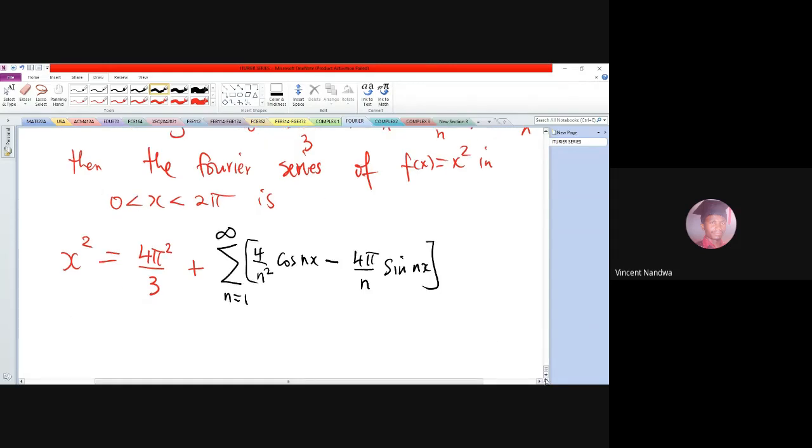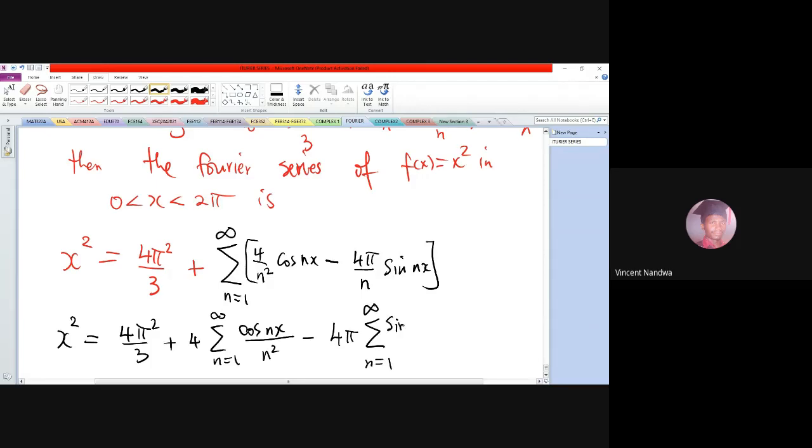Or you can write it as x squared, which is the function, is 4 pi squared over 3 plus, this one can be written as 4 summation n from 1 to infinity of cos nx over n squared, minus 4 pi summation n from 1 to infinity of sine nx over n.